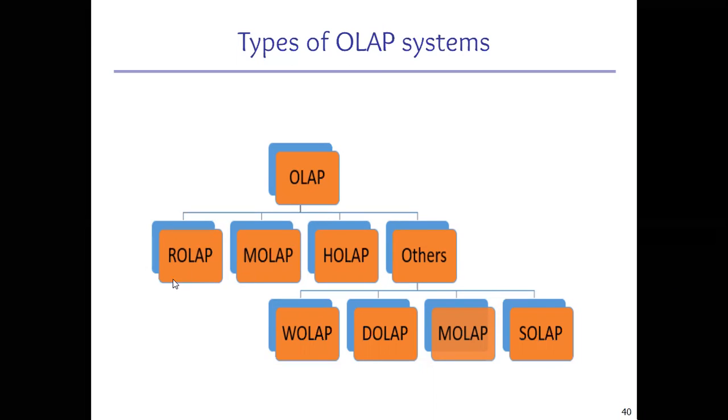Okay, and the advantages of ROLAP are high data efficiency and scalability, which are very important. So high data efficiency means what? It offers high data efficiency because query performance and access language are optimized particularly for multi-dimensional data analysis.